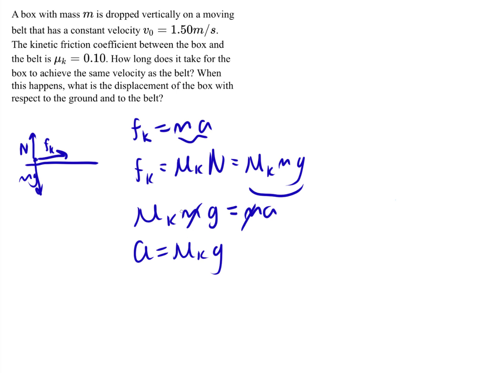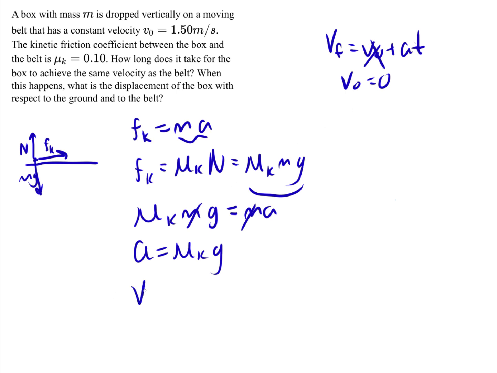Now we just need to figure out the time. We can use this kinematic equation right here. It states that the final velocity is equal to the initial velocity plus the acceleration times a certain time interval. We know that the initial velocity is 0 since the box initially has no horizontal velocity and it's dropped vertically, so we can cancel this part of the equation.